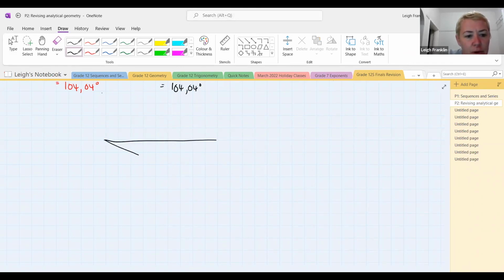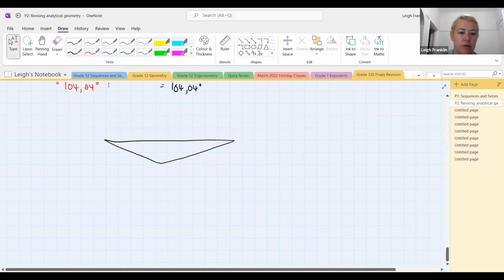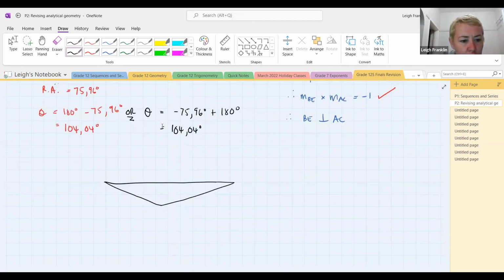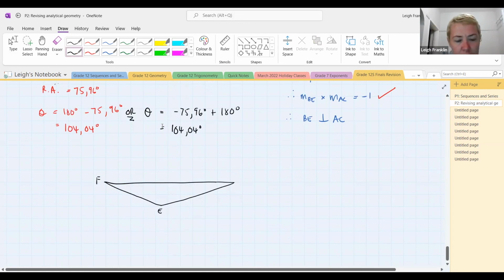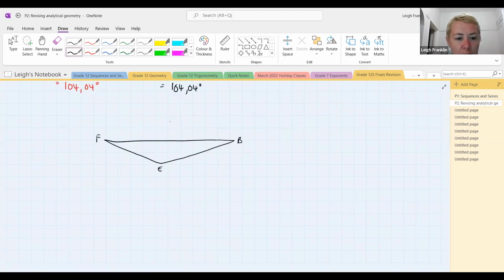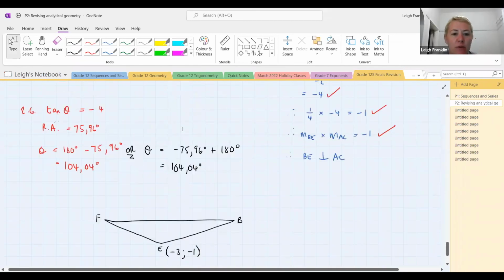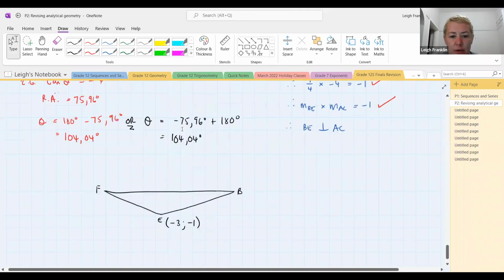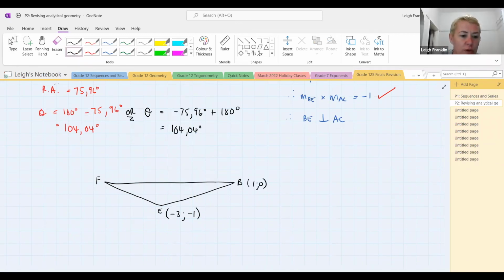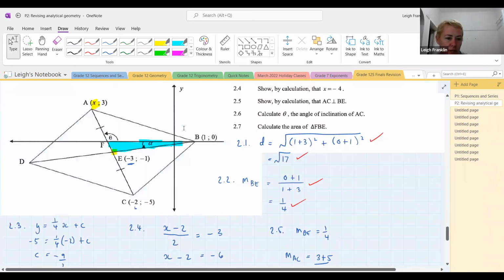Here's F, here's E, and here's B. At E, the coordinates are -3 and -1. At B, the coordinates are 1 and 0. Whichever method you choose, you have to know what the coordinates at F are. That's your first point.